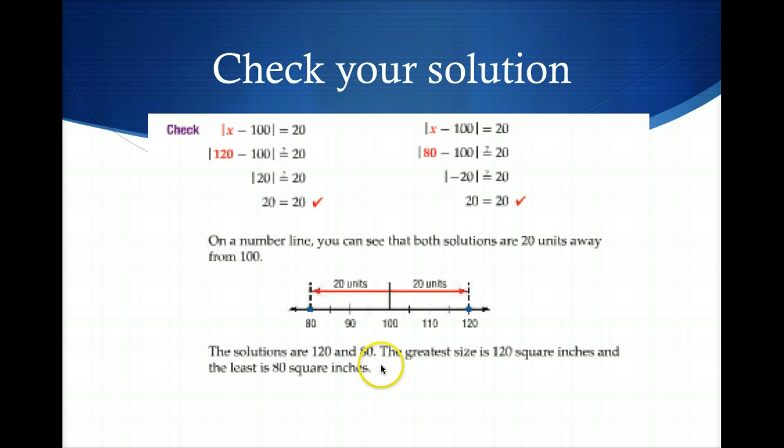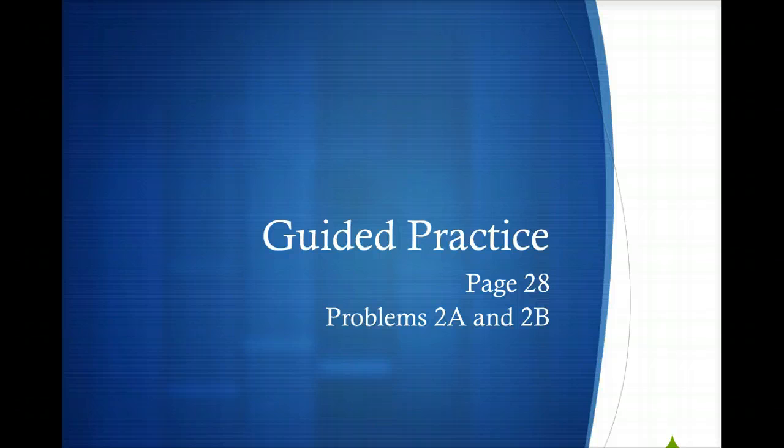So the solutions are 120 and 80. The greatest size is 120 square inches, and the least is 80 square inches. Now time to pause for a moment and work the guided practice on page 228, problems 2A and 2B.